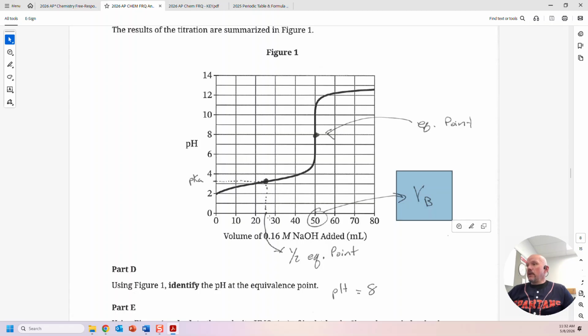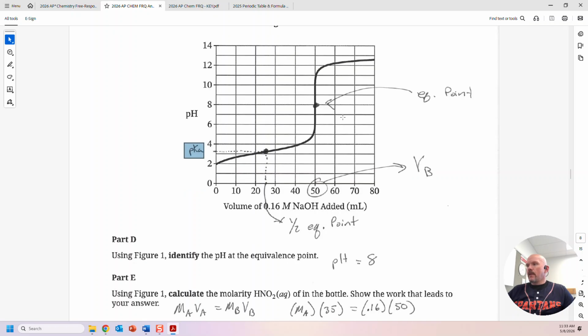If we divide that by 2 and go to 25, this would be called the half equivalence point. If they ask, we know the pH at this point is equal to the pKa of the acid, right? The negative log of the Ka, right? We know this volume at 12.5 would be the volume of the half equivalence point, okay? So all that kind of good stuff just by looking at the titration curve, all right?